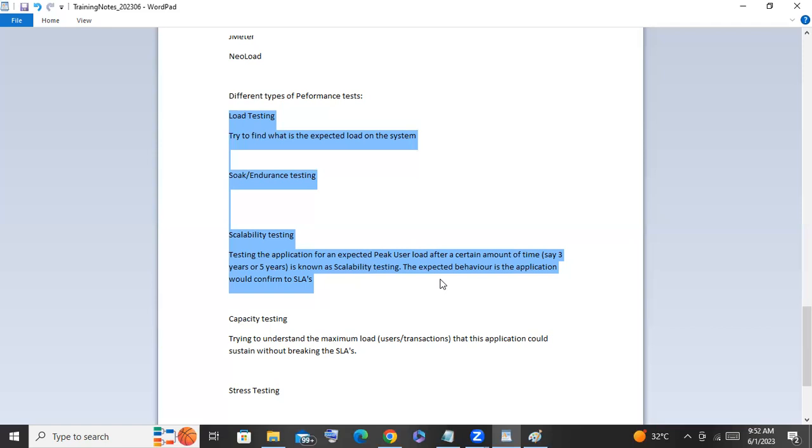But in the usual case scenario, let's say I'm testing the ICICI Bank application. Nobody would suddenly come in and start opening accounts or start doing things in ICICI Bank, right? Unless somebody starts telling you that ICICI Bank is going bust, so transfer all your money.